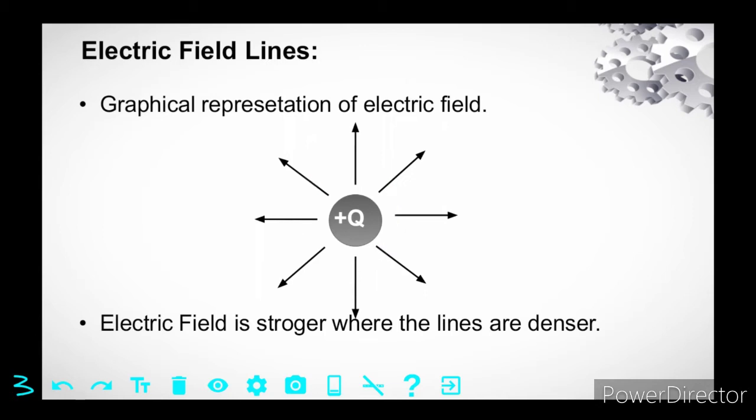As we move away from the charge, the electric field is weaker, which is represented by less dense electric field lines. Let's discuss some more properties of electric field lines.